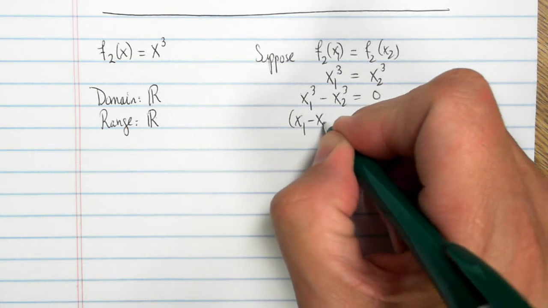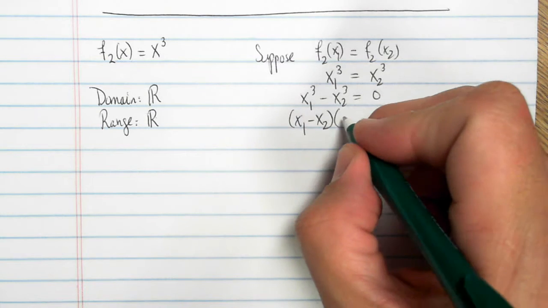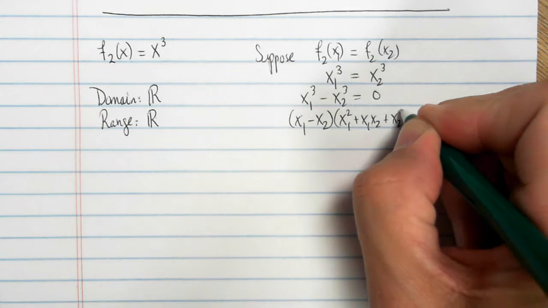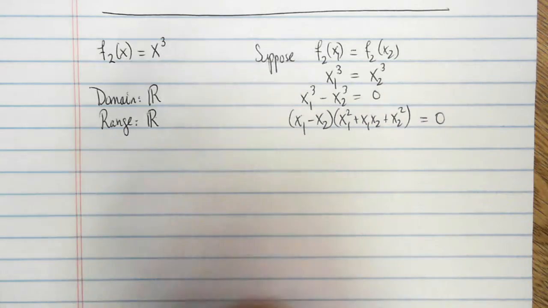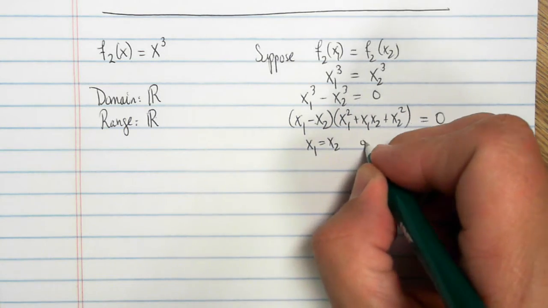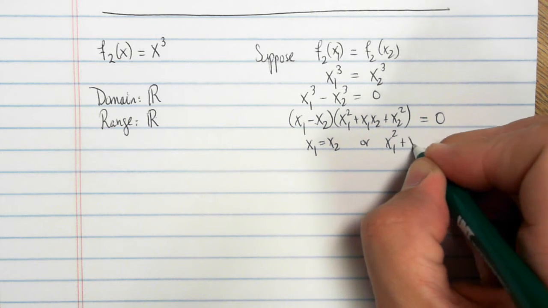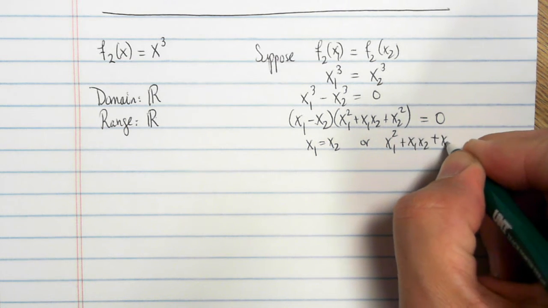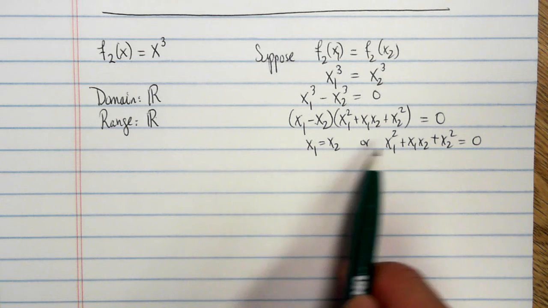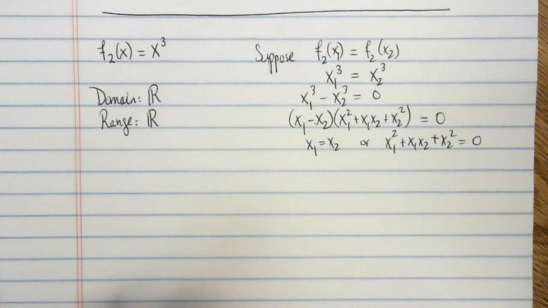That factors as x1 minus x2 times x1 squared plus x1 x2 plus x2 squared equals 0. And so either x1 is equal to x2, or this other factor is 0, and it turns out this is equal to 0 exactly when x1 is equal to x2 in the first place.